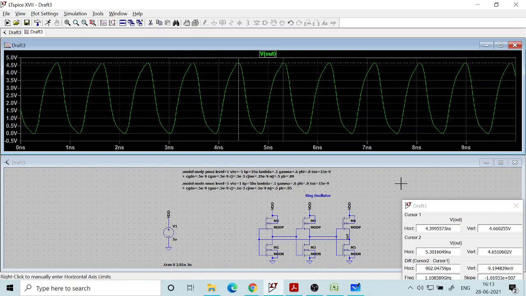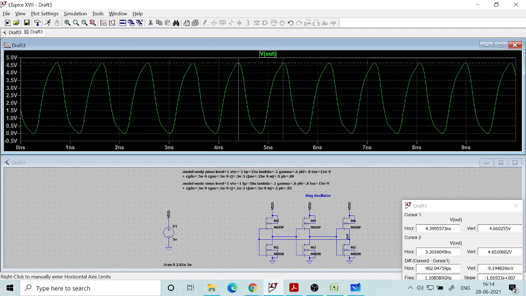There is a high to low transition and a low to high transition. So you have to multiply that t with 2, so that both high to low and low to high transition delays are taken into account, and then multiply by the number of stages. That will give you the period. Here we got it as 900 picosecond. If you divide it by 2n, that will give you the propagation delay.